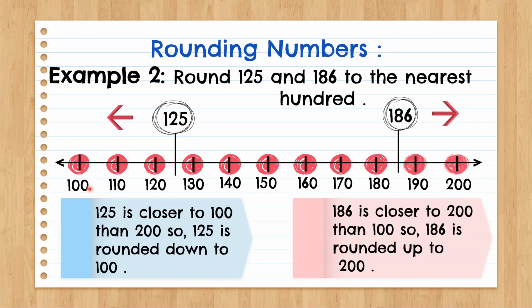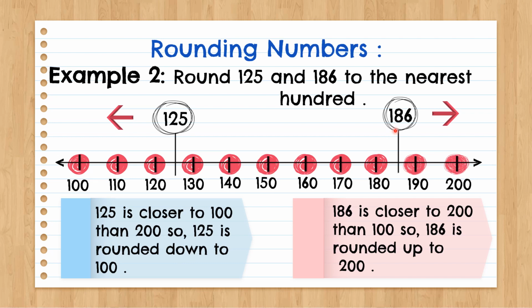So when we round off 125, it will be 100 because it is near to 100. So 125 is closer to 100 than 200. 200 is far from 125. So 125 is rounded down to 100.